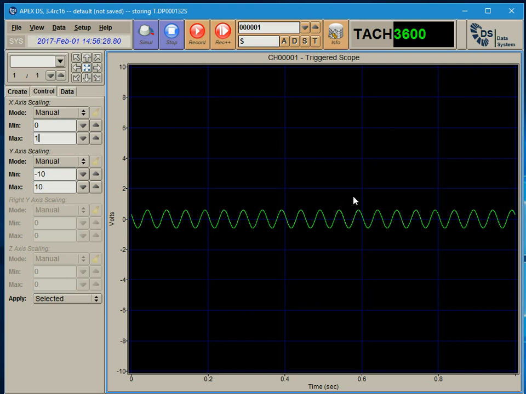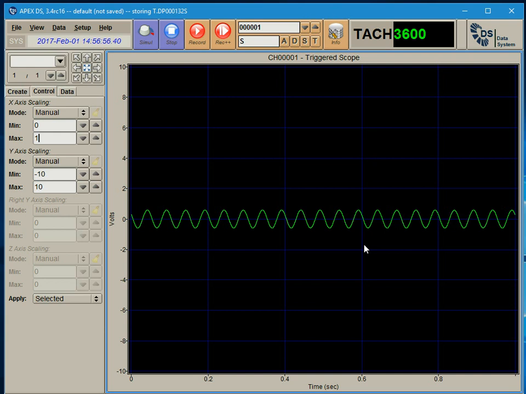What makes this plot unique is that the starting point of this channel is when the tack crosses threshold. If you think of rotating machinery, that would be one point.